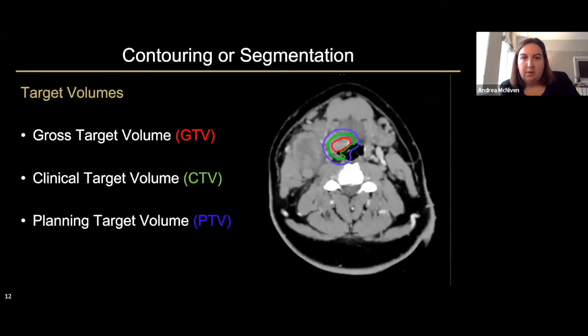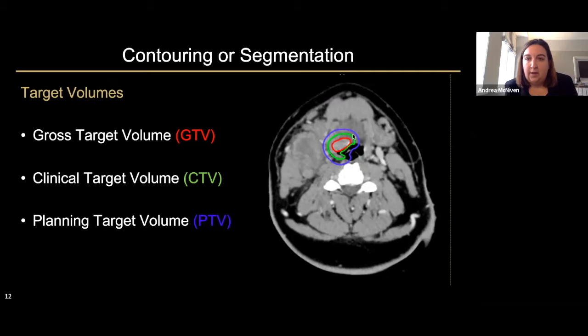So to walk through some of the contours and how we use them and what they mean, we've got an image on the right, which is a single axial slice or a transverse slice of the patient that you'll see on the CT images you receive. And we have a gross target volume, or GTV, which is shown in red. And this is a contour typically delineated by the radiation oncologist, and it's the disease that is visible on the images.